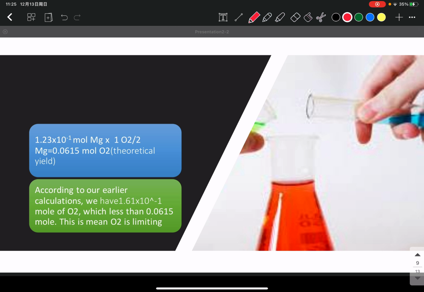We get 0.0615 mole of oxygen. So the ratio here is 1 to 2. Then, according to our earlier calculation, we have 1.61 times 10 to the negative power of oxygen, which is less than 0.0615 mole. This means oxygen is limiting.